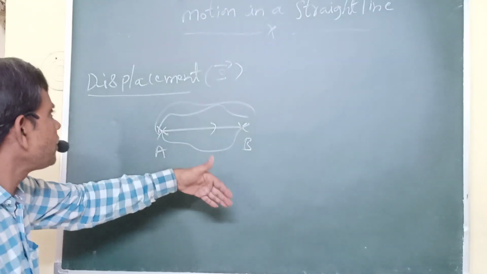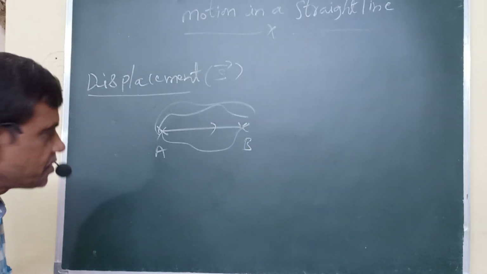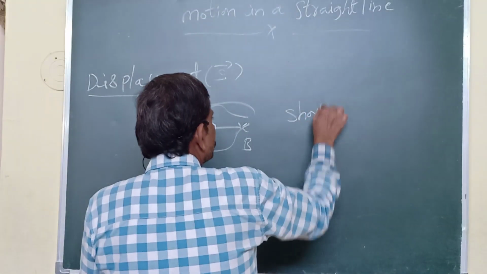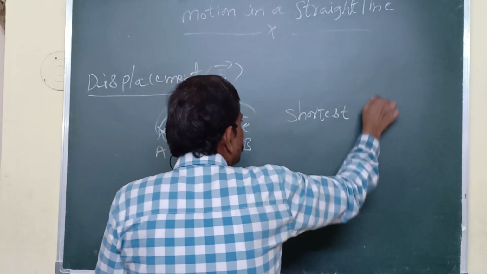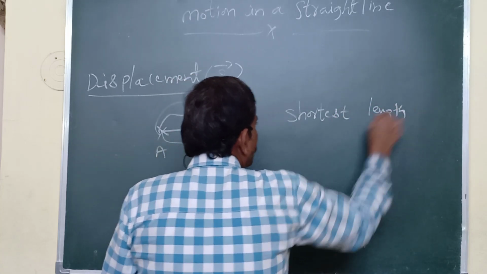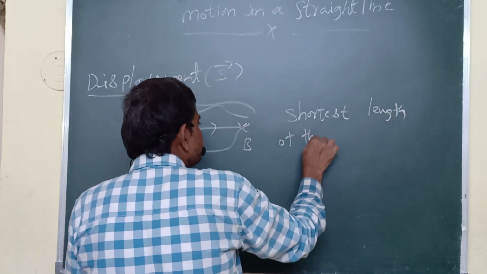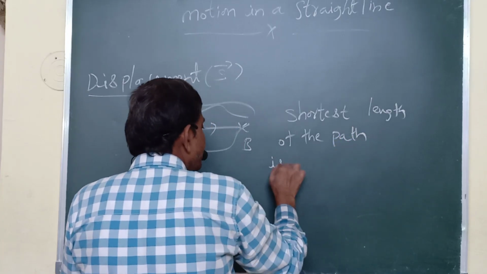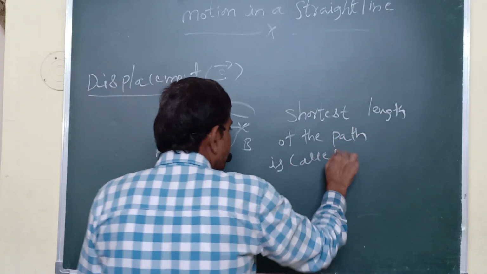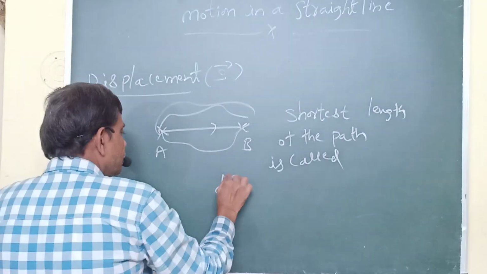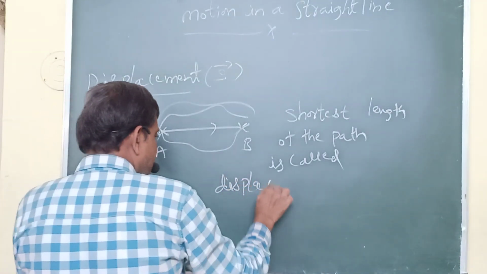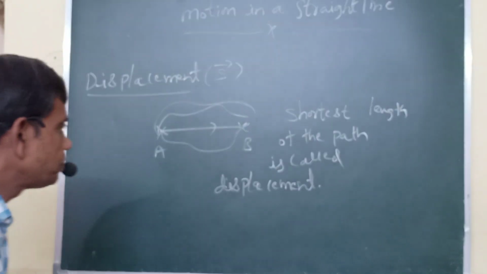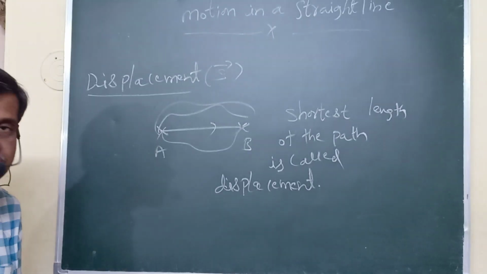Shortest length of the path is called displacement.